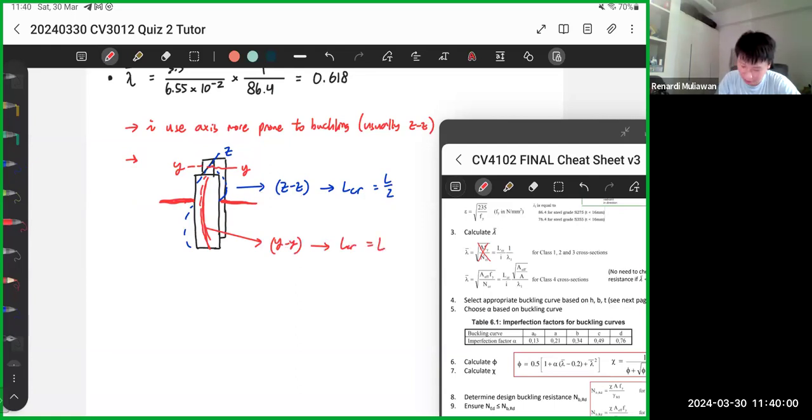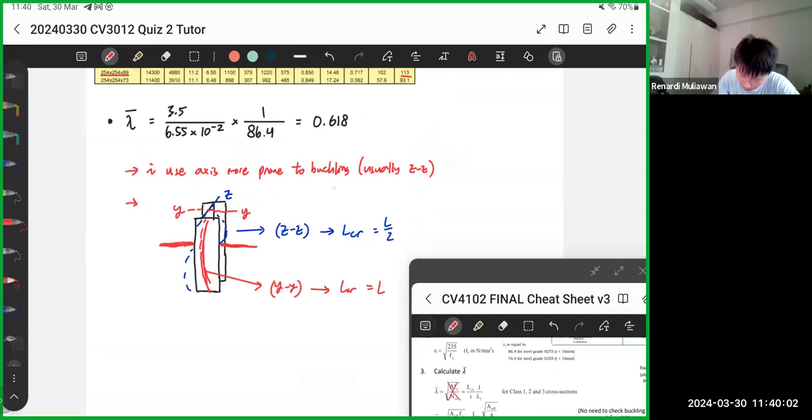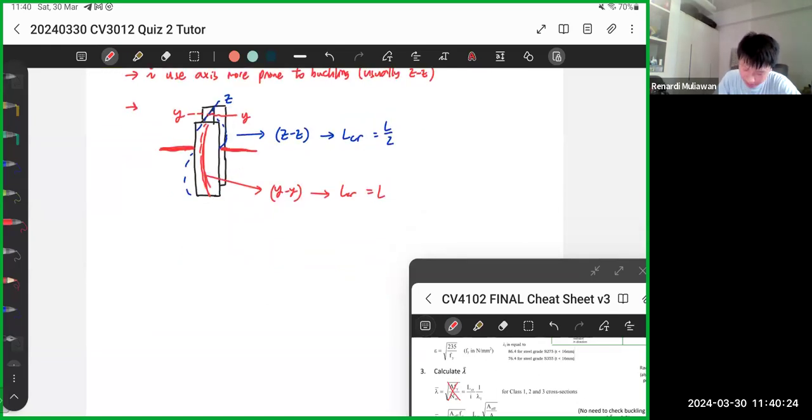And buckling, if you remember MOM, it's more prone to happen when, one, the section is weaker, or two, the length is longer. In this case, YY, the length is longer, but it's stronger.